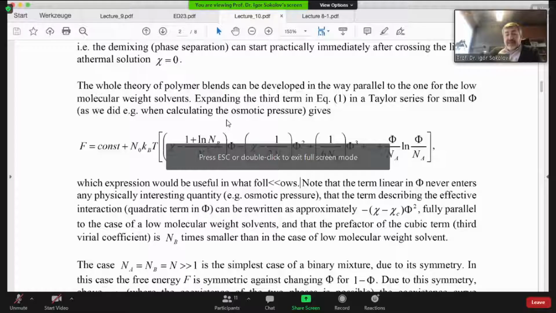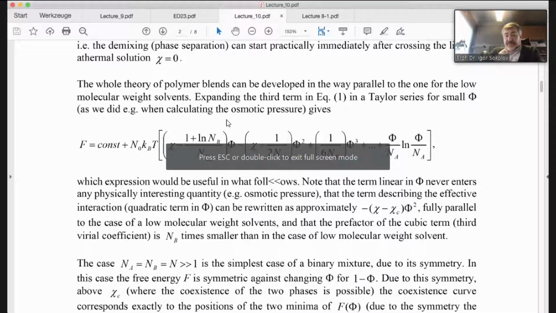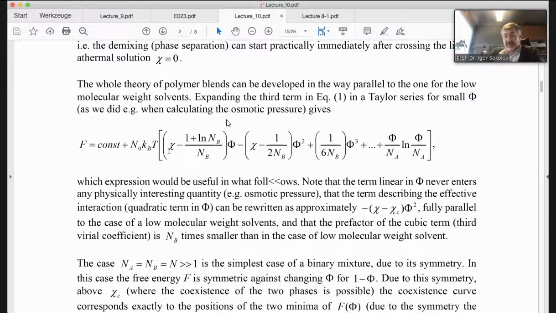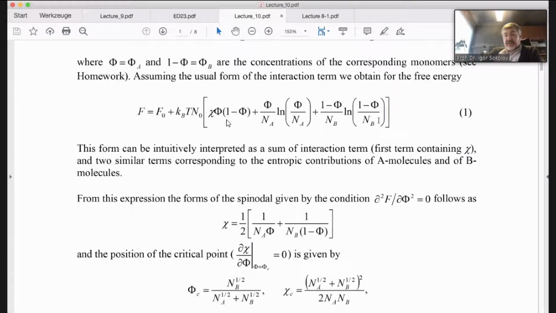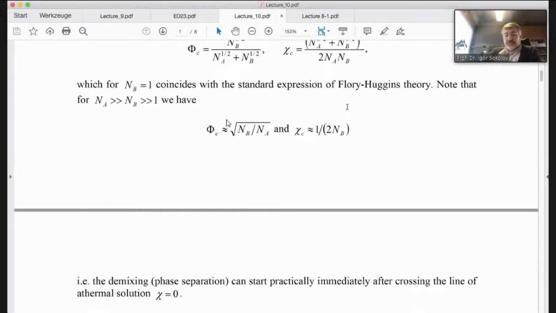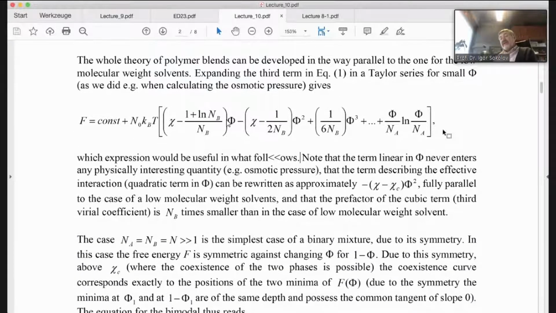And what I obtain is such an expression where I have a term linear in phi, a term quadratic in phi, and a term cubic in phi, which stems from the expansion of this expression here. And I have the standard term phi ln phi, with which I can do nothing.